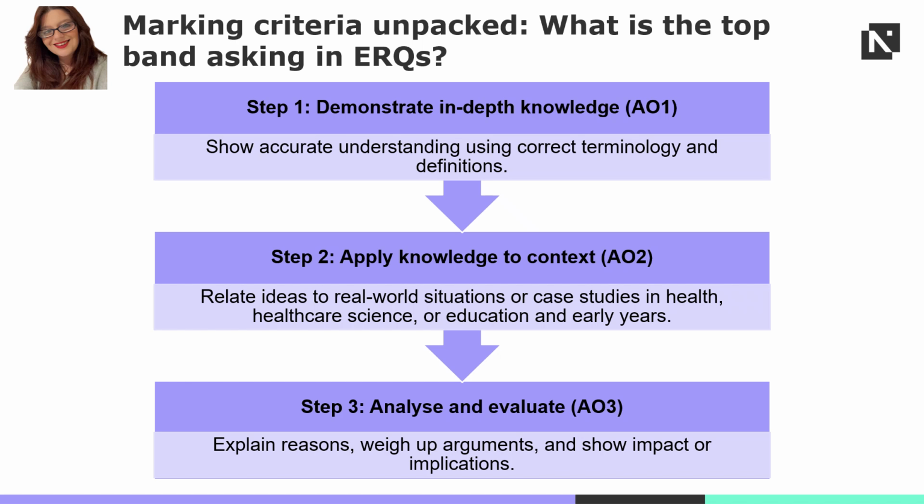And finally, to reach the highest level, they need to be able to analyse and evaluate at AO3. Here they need to explain their reasons, weigh up arguments, and identify impacts or implications. You can see from this that there's a clear progression from knowledge to thoughtful and applied evaluation.